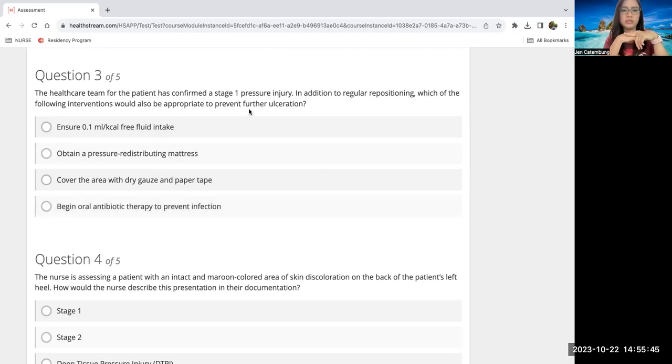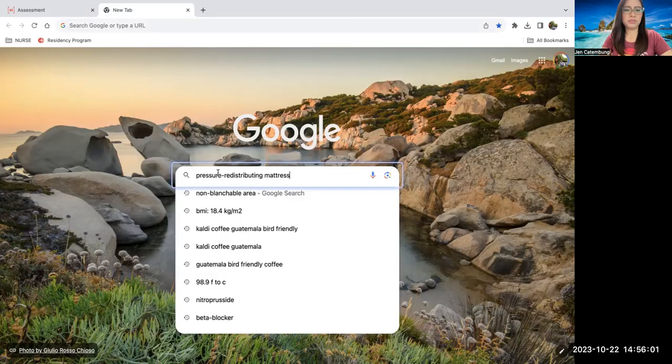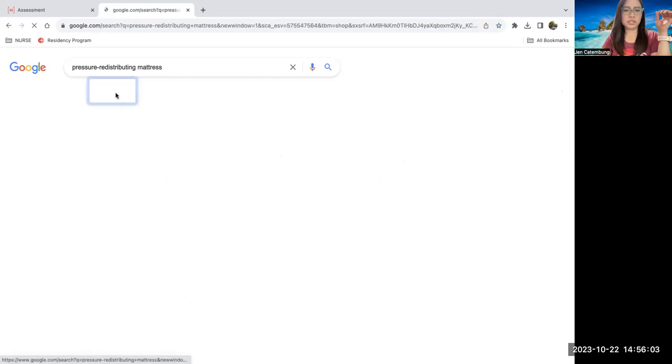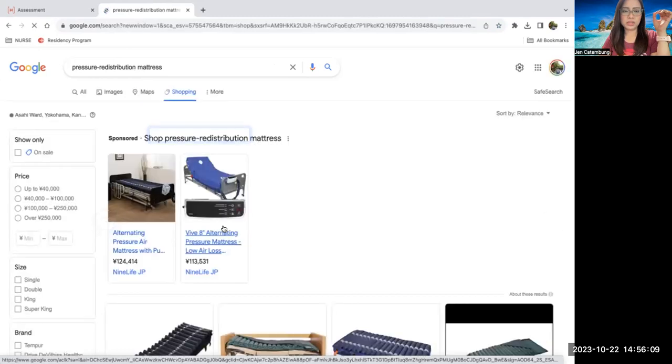To prevent further ulceration, you should obtain a pressure redistributing mattress. A pressure redistribution mattress helps prevent further ulceration.